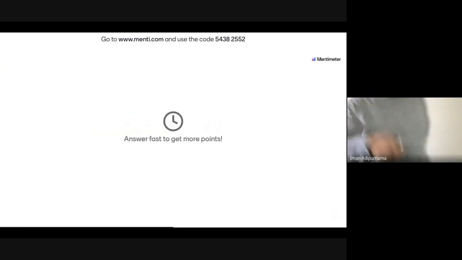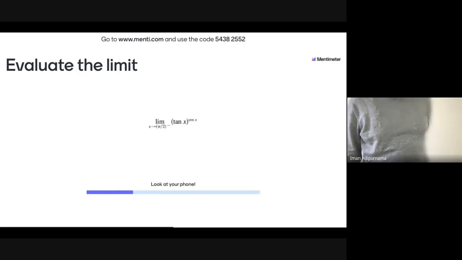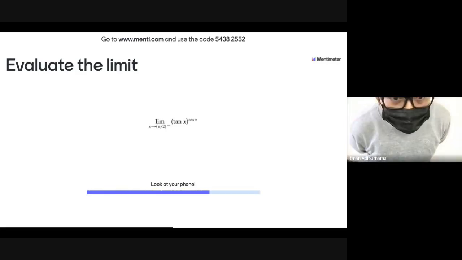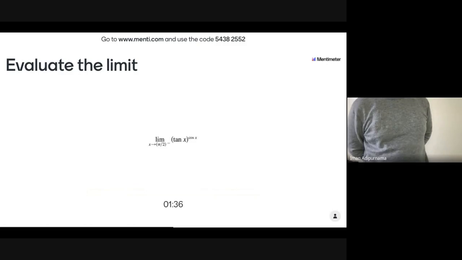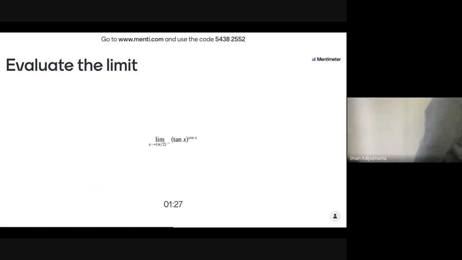Okay, let's start. Tangent, and then with power of cosine x. It's just to check whether you are having trouble with your calculation.